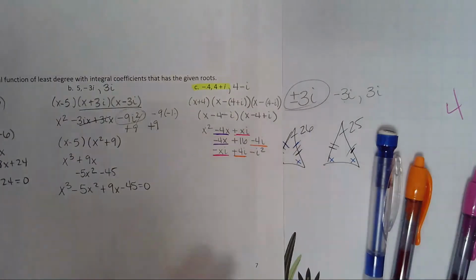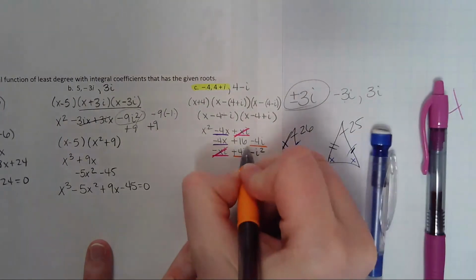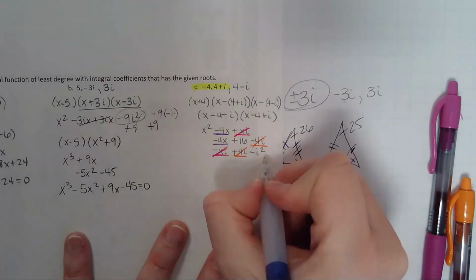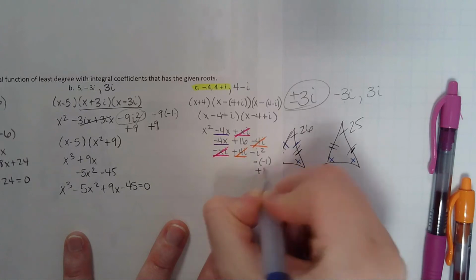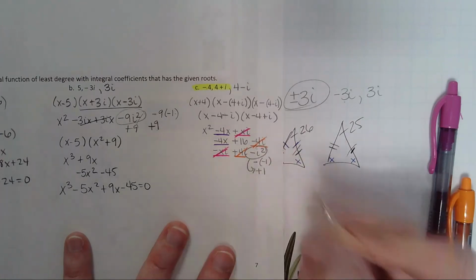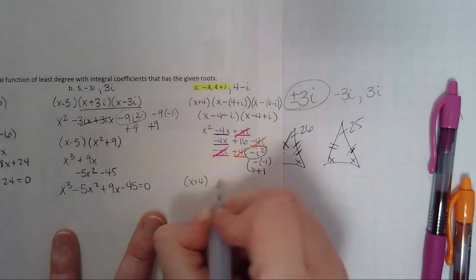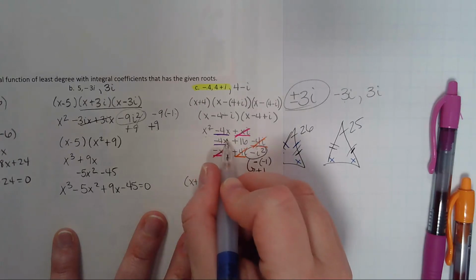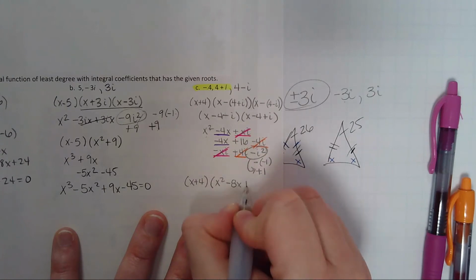Anything that is the exact same but with opposite signs is going to cancel out. Remember that this i squared is a negative 1, so this is going to be a minus 1, which is really just plus 1. So I'm going to have x plus 4 times x squared, negative 4x minus 4x, which is a negative 8x, 16 plus 1, which is 17.